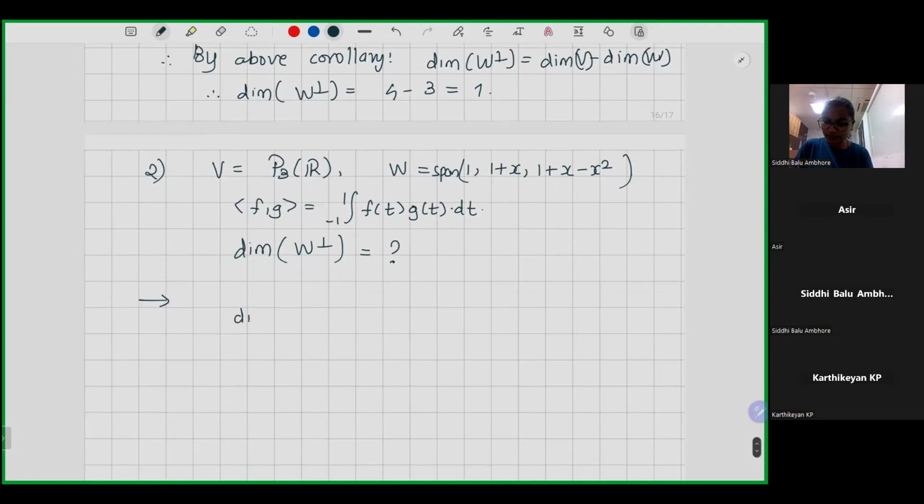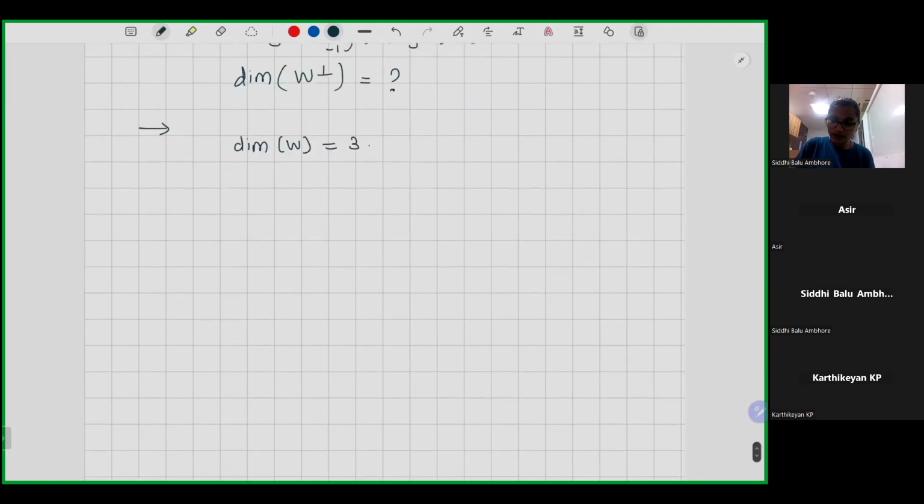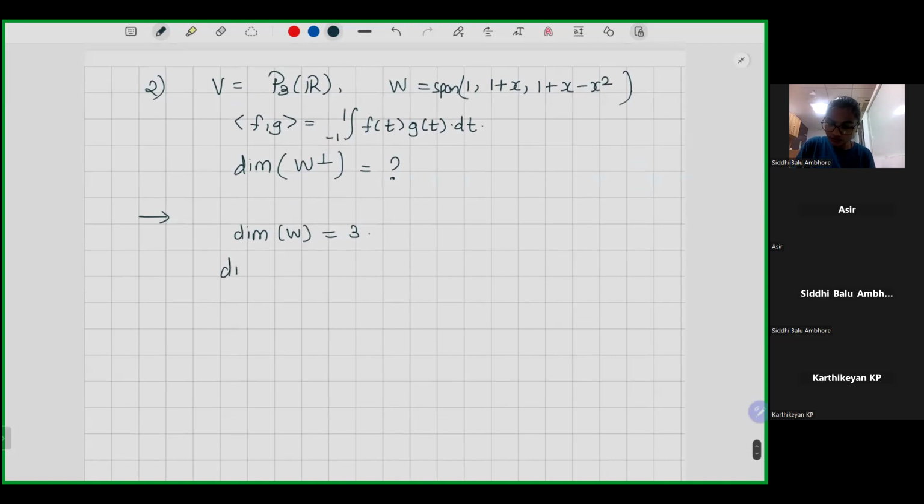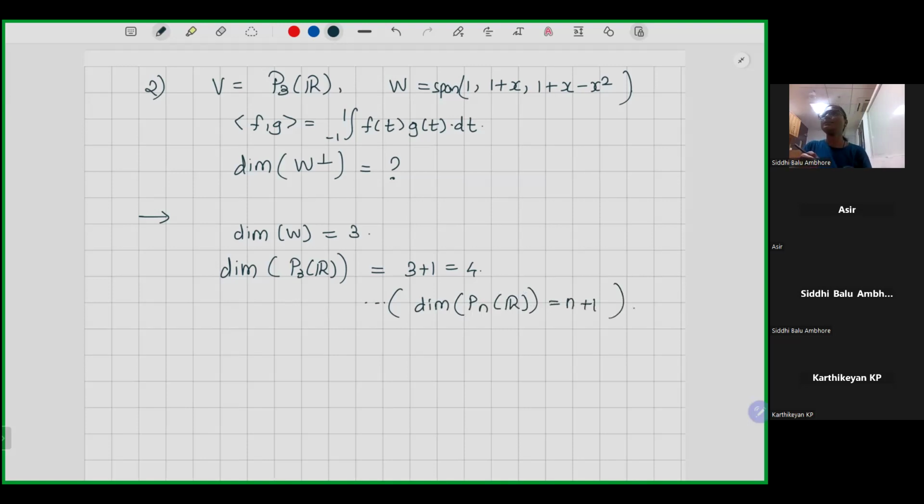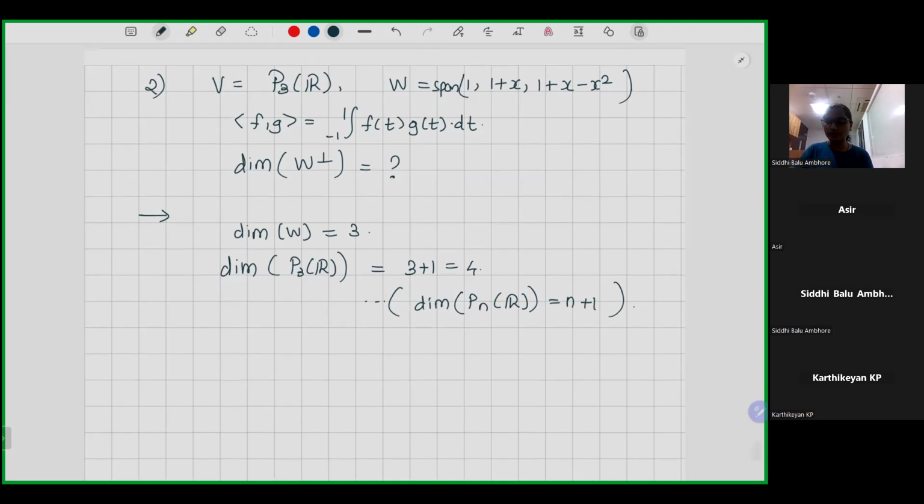Clearly the dimension of W is 3 in this case, and we know the dimension of P3(R) is 3 plus 1, which is equal to 4. We discussed that the dimension of PnR is n plus 1, because it is polynomials of degree 1 to degree n plus the constant, so it gives us n plus 1 elements in the basis.